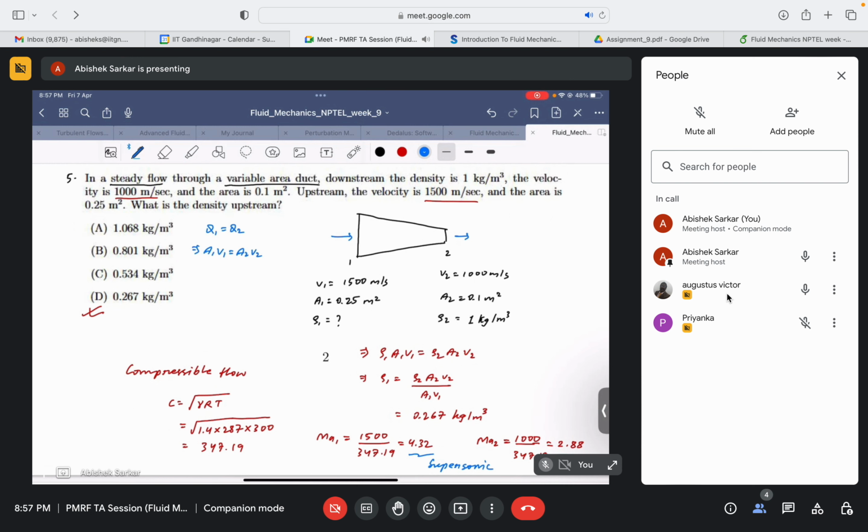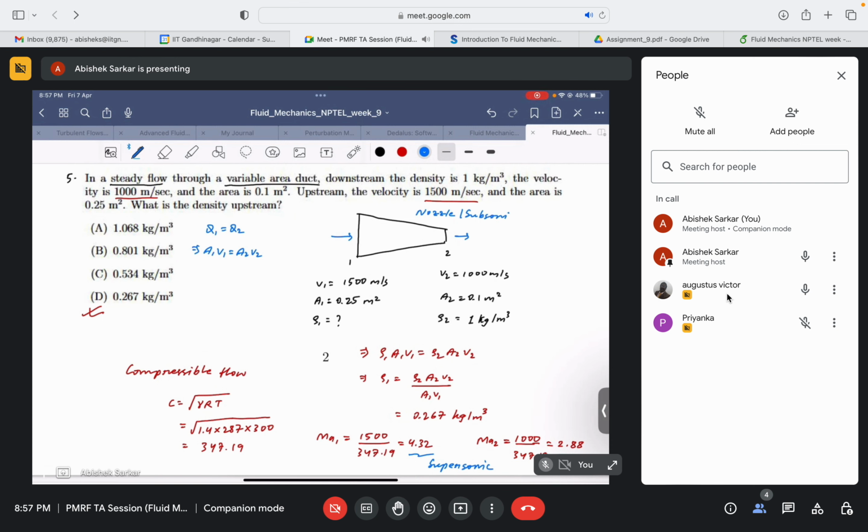So if we had the same, this would be a nozzle in this case, right? Since the exit has a lesser area compared to the inlet, this is essentially a nozzle for a subsonic case.